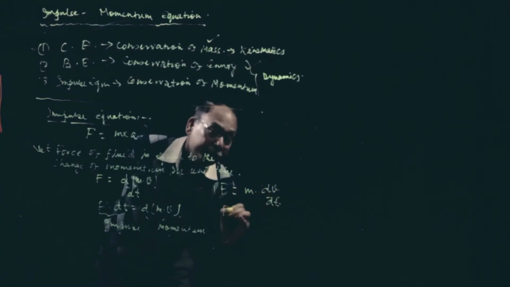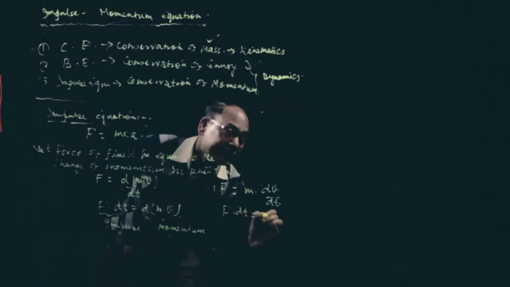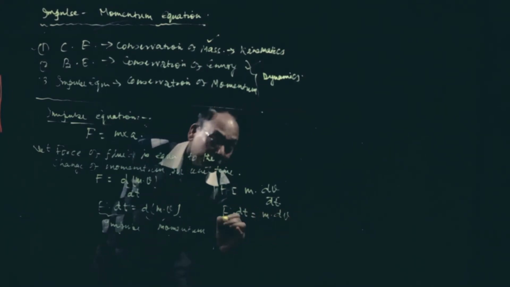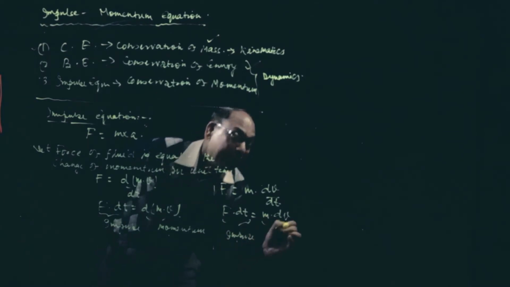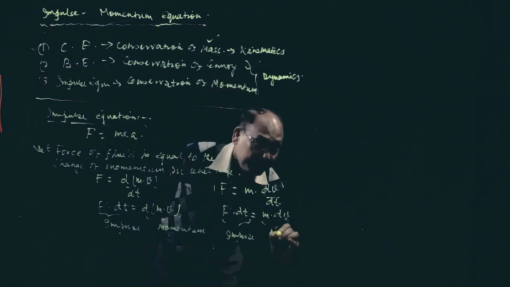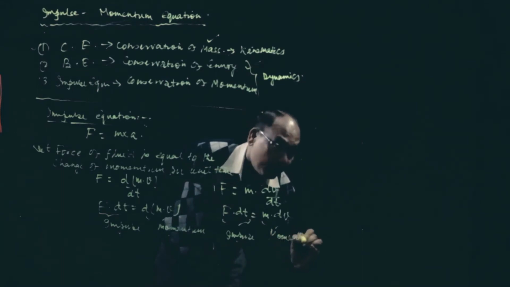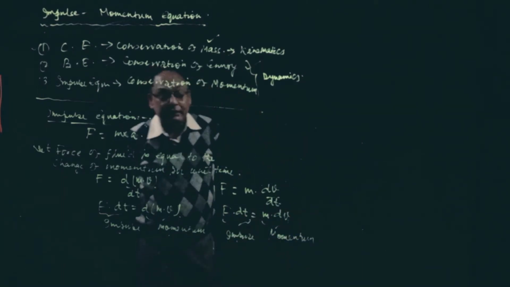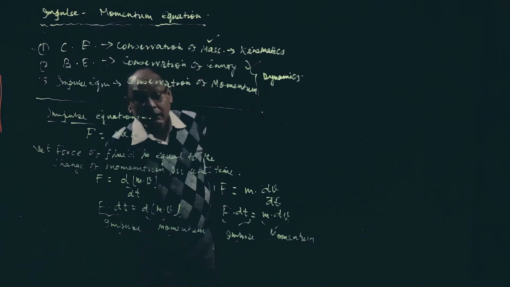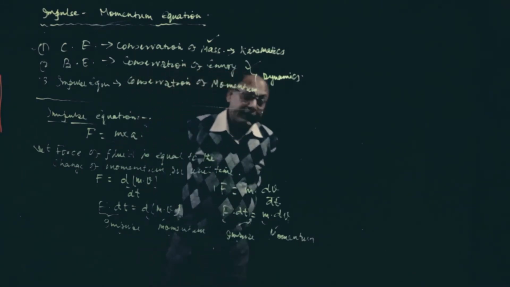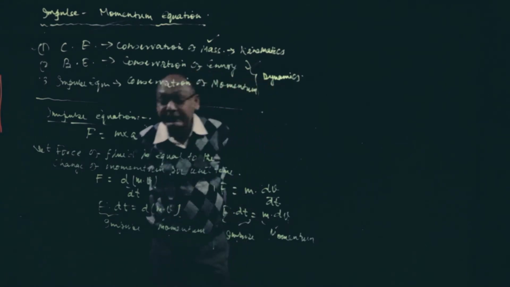So F dt is equal to m dv. F dt is nothing but impulse, and mass into velocity is nothing but your momentum. This is a very important equation, applicable in fluid machines, where we can find out a lot of things by these applications.